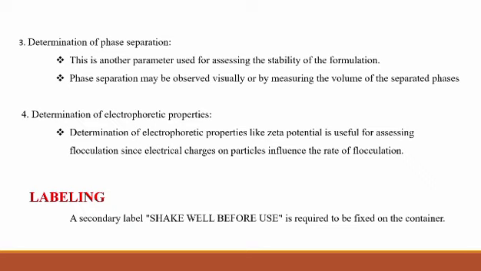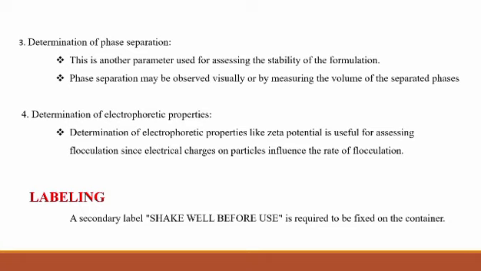Through that we calculate the velocity, and with the help of that velocity we can easily calculate the zeta potential. When there is a high zeta potential, there will be strong repulsion. Strong repulsion means the globules won't aggregate, join or merge with each other. So it will be a stable emulsion.